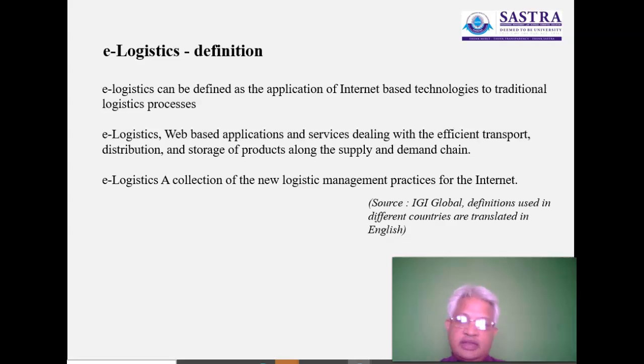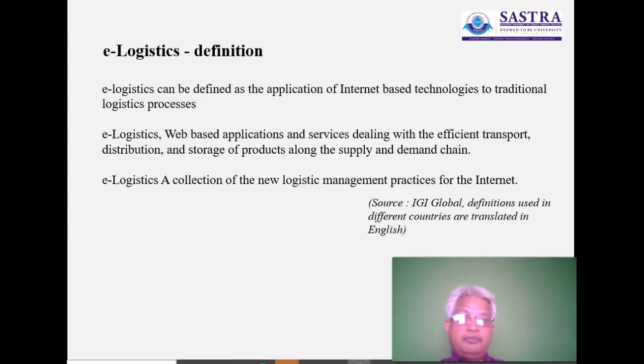And there we also understood once again what is logistics. The second definition is very interesting. It says it is web-based applications and services dealing with efficient transportation, efficient distribution, and efficient storage of the products along the supply and demand chain.